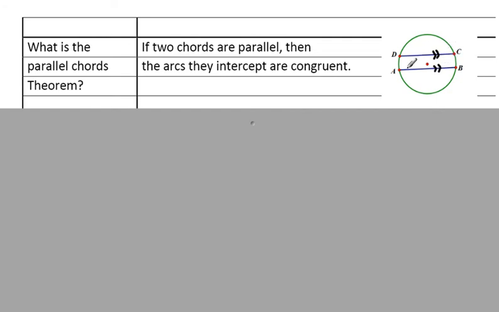So if CD is parallel to AB, then the arcs that they intercept are congruent. So arc DA would be congruent to arc CB.